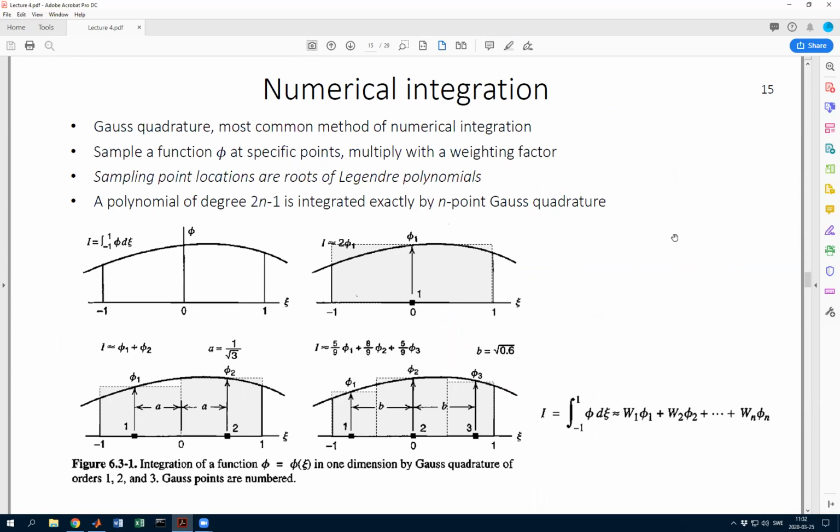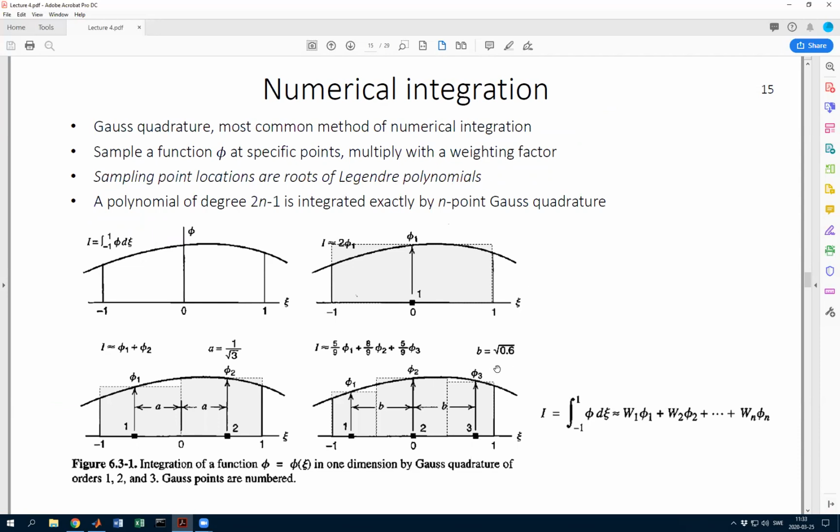Those are determined by this Gauss quadrature. So you have the points here, 1 over the square root of 3 and the square root of 0.6. I just want to know, how can we know this? You just look it up in a table, because they are given by the Legendre polynomials.